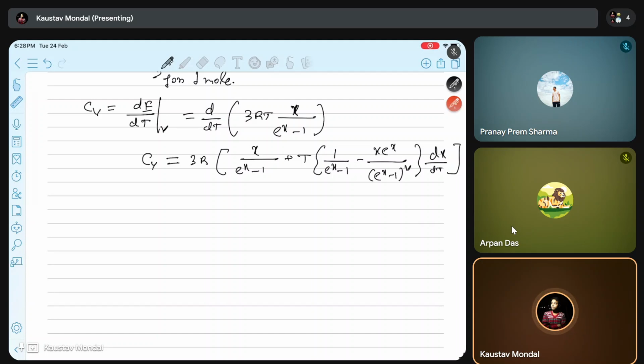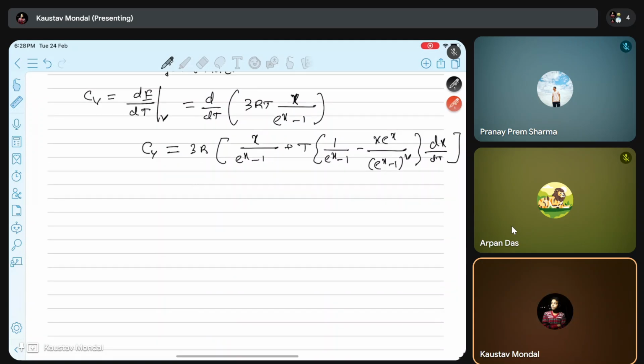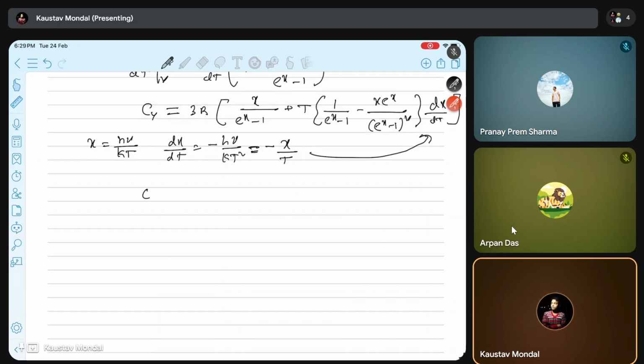Since x is h nu by kT, dx by dT can be written as minus h nu by kT square, or more formally in terms of x, as minus x by T. Substituting this dx by dT, you get Cv equal to 3R into x by e to the power x minus 1 minus x e to the power x by e to the power x minus 1 whole square, plus x square e to the power x by e to the power x minus 1 whole square.